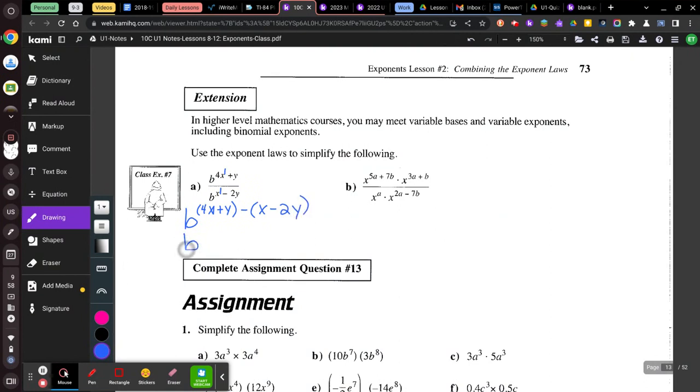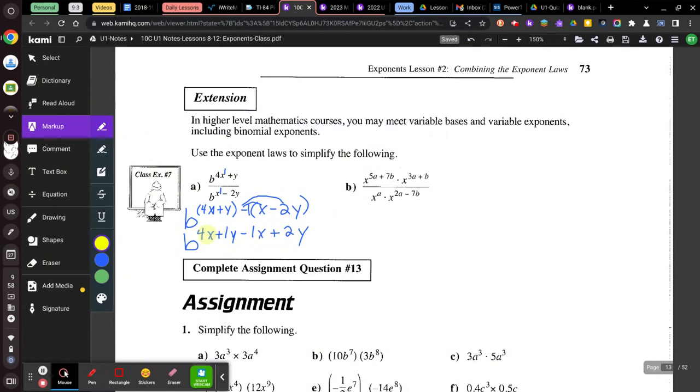I keep my base b and I'm multiplying a -1 into my bracket. So I'm going to get 4x plus 1y, subtract 1x, plus negative times a negative is positive 2y. So now I'm going to add up my x's and y's.